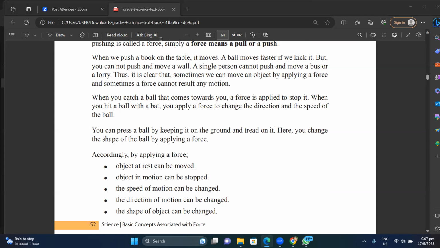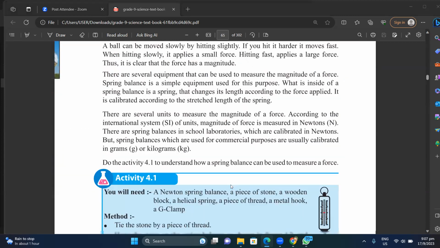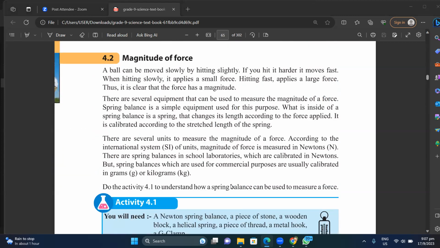Okay, now we have a clear idea how force works. Then we need to know how to measure the force, how to measure the magnitude of force. How can we measure it? If you hit hard, the ball will move fast.